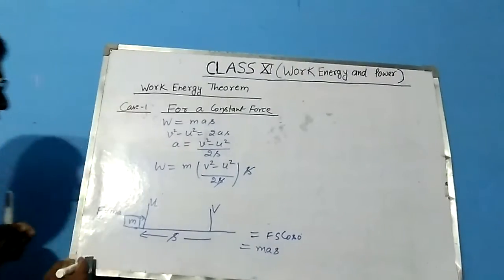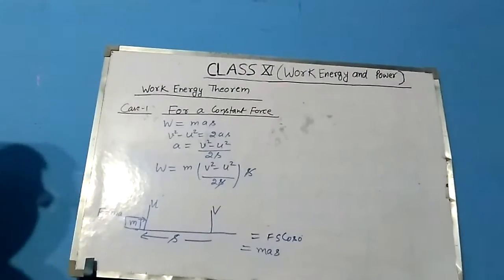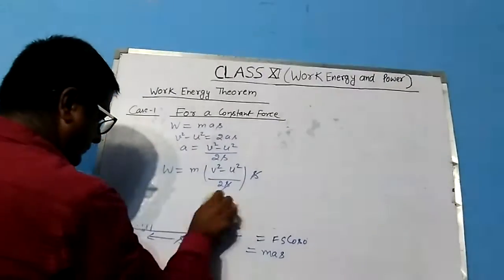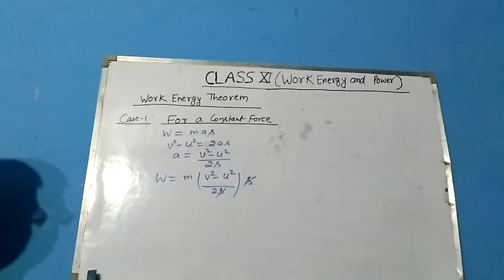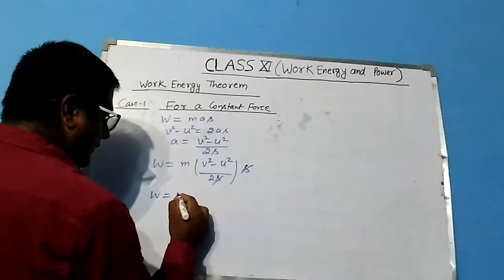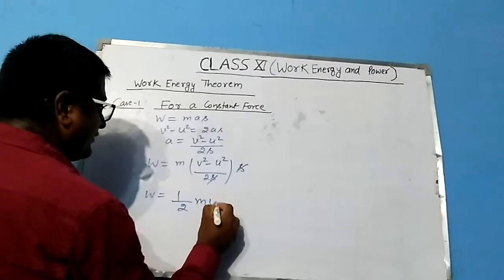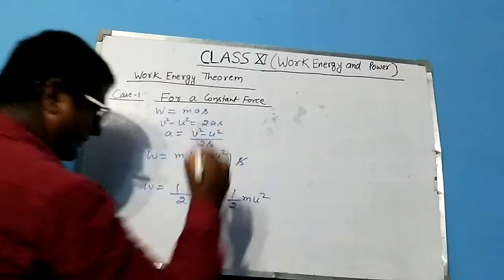So work done equal to half m v square minus half m u square.